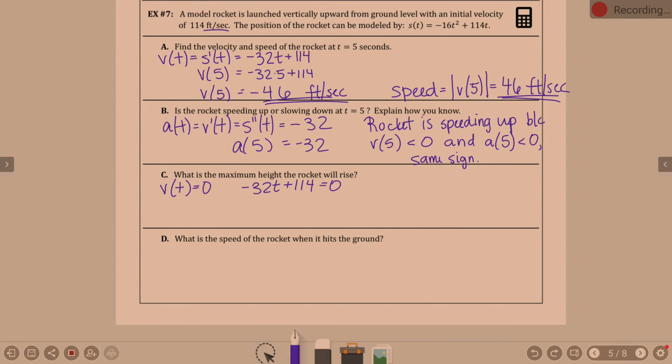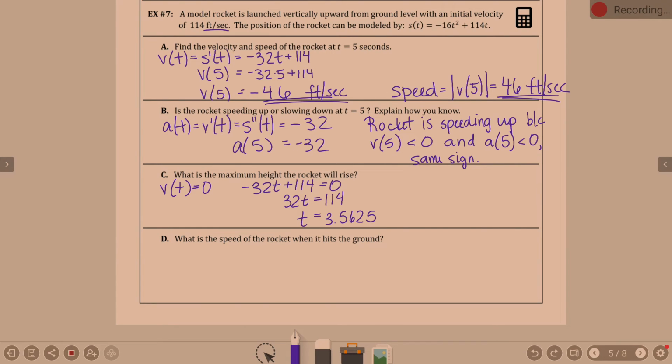If you either subtract 114 over or add 32t over, you have 32t equals 114 or negative 32t equals negative 114. And what's 114 divided by 32? 3.5625.